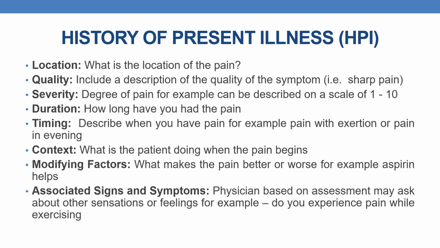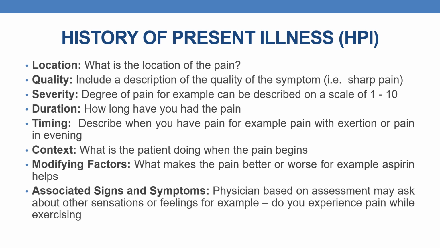The next element is modifying factor. What makes the pain better or worse? For example, a patient suffering from pain, if he takes aspirin, the pain is reduced. So here aspirin is the modifying factor because it is reducing the pain.